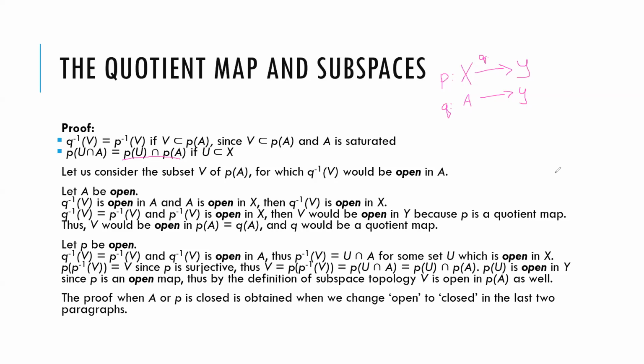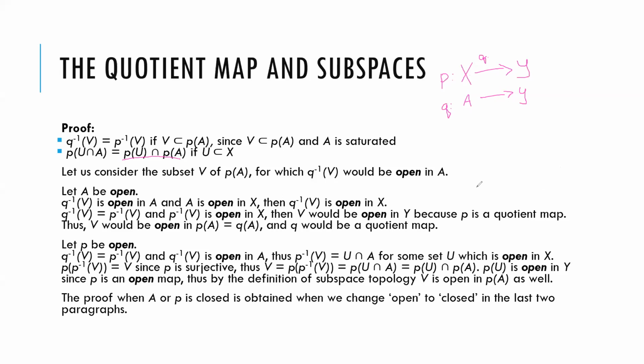If we recall our definition of the subspace topology, the elements of our open sets in our subspace are intersections of our subspace with an open set in X in this case. So V would be open in P of A. And now we get that, again, Q is a quotient map.